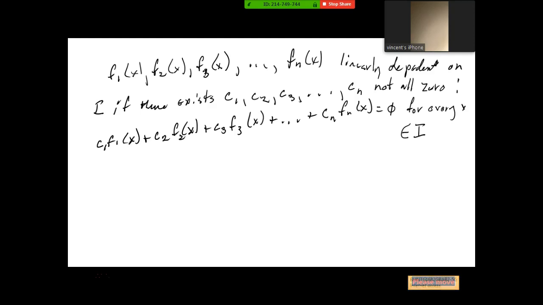They're linearly dependent functions. Now, what does that mean? That means that one of these functions can be written, maybe more than one, in terms of some combination of the others.